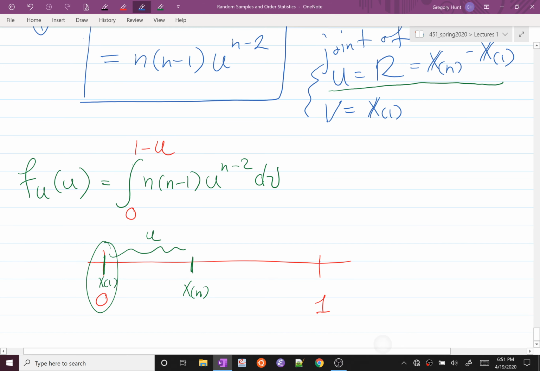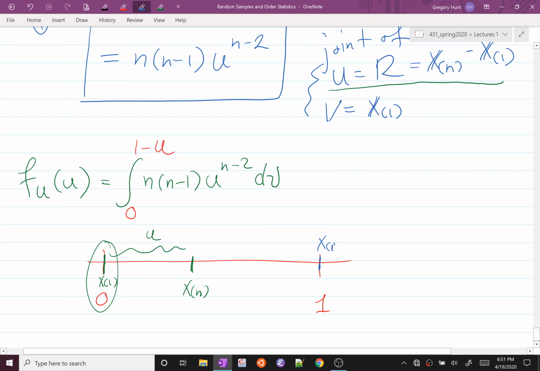Or it could be that my maximum is here, and u units down, I could get my minimum, and this could still be u units. And so my minimum could be as high as this value, and this value is 1 minus u. So my limits of integration are 0, so the smallest possible value for v, which is my minimum, is 0, and the largest possible is 1 minus that range.